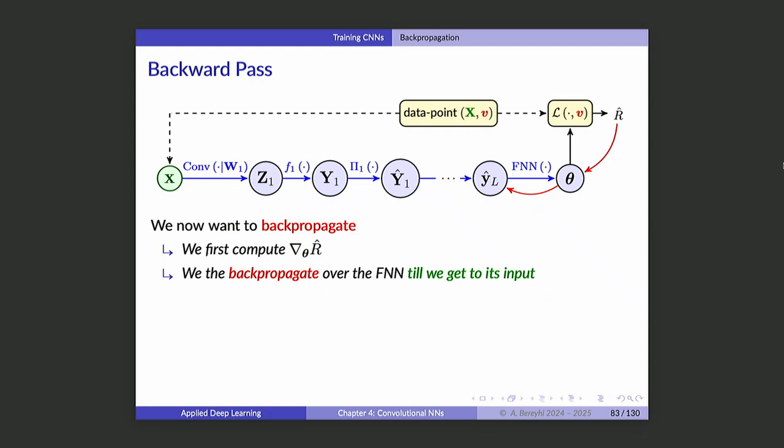Now, when you go backward, you are going to compute the gradient of R hat with respect to this y hat L, with respect to this weight. How does it look like? What is the dimension of this guy? Say this vector here is of size D. What is the dimension of this one?